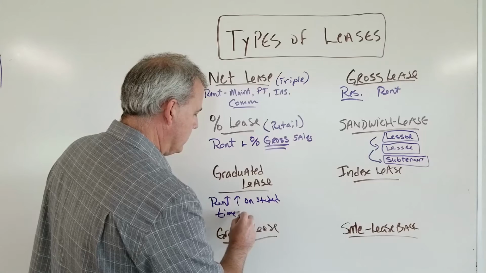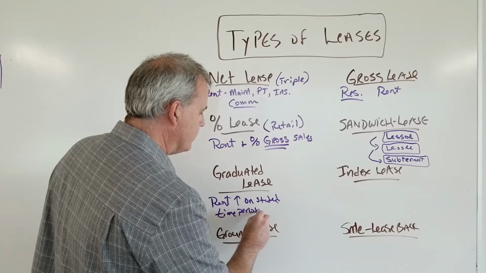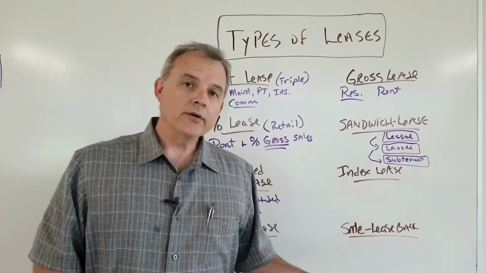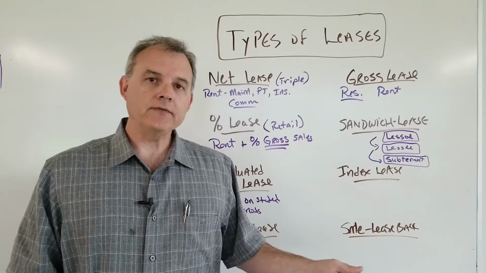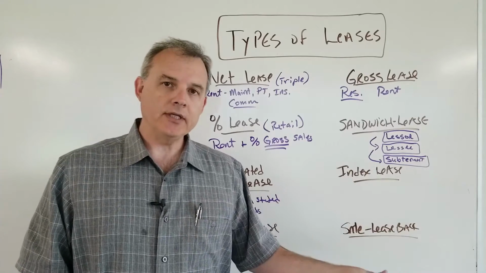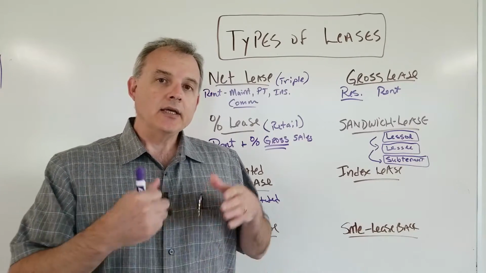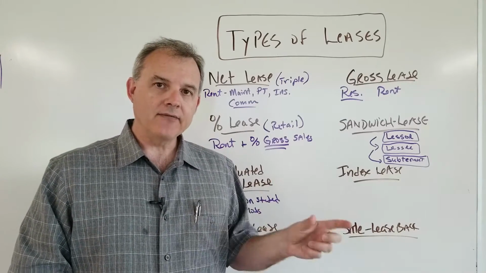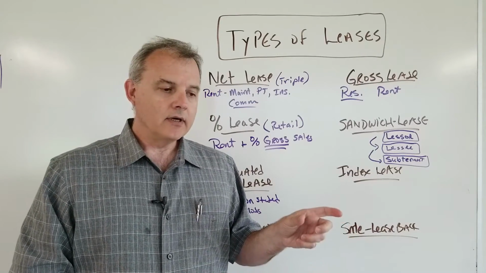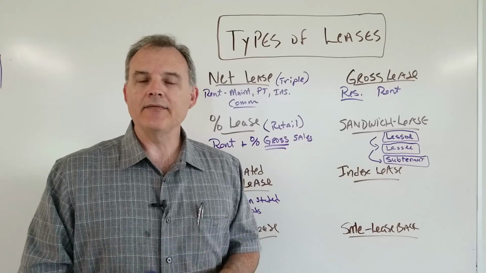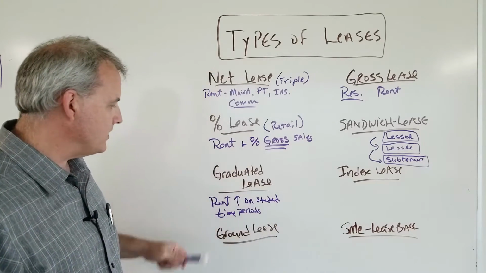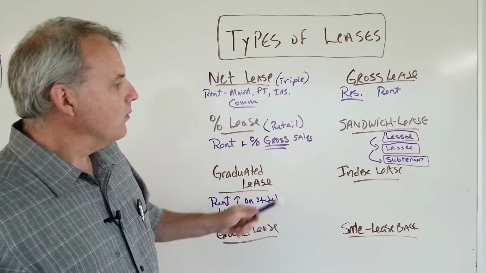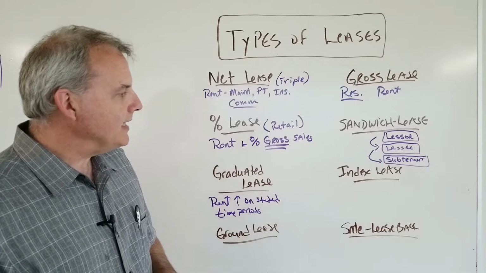All right, so we might have a situation where rent is $1,000 a month, then on the 1-year anniversary it goes up to $1,250. On the second anniversary it goes up to $1,500. It's expressed in the lease contract itself, and it's a definite amount of rent. It's not tied to any kind of index or anything like that. It is just a stated amount of rent increase in a stated period of time, which is a little bit different than an index lease.